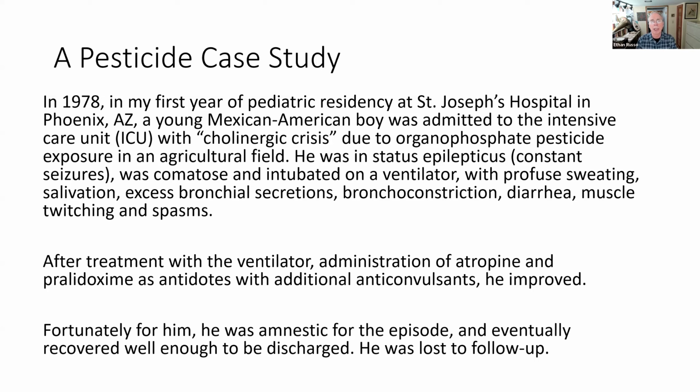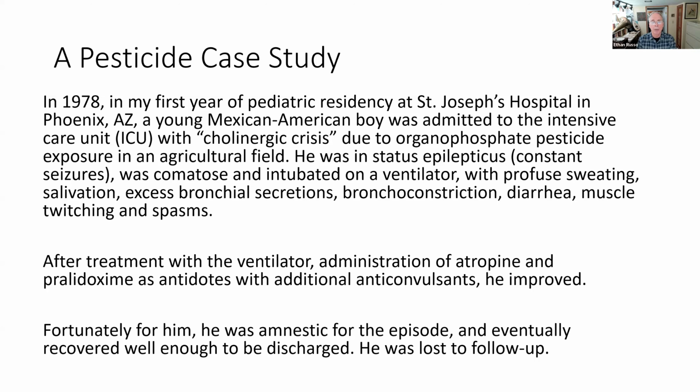When I was a pediatric intern in 1978, a boy was admitted to the intensive care unit with what was called a cholinergic crisis due to being exposed to high concentrations of organophosphate pesticides from working in a field. He was having constant seizures. He was comatose and had to be on a ventilator and had all these other problems.